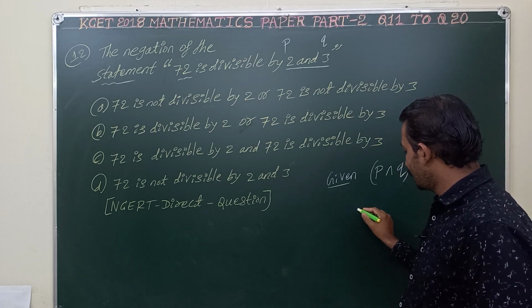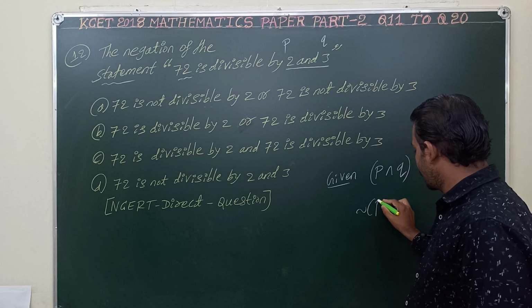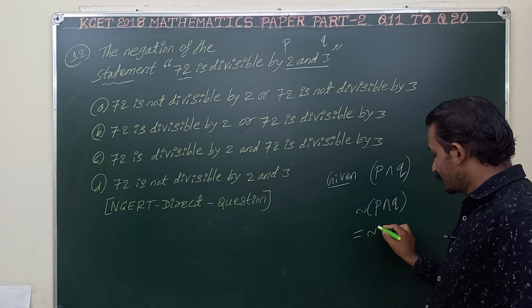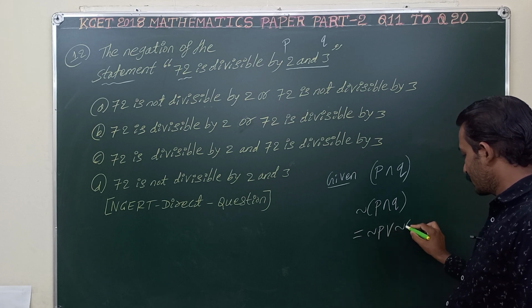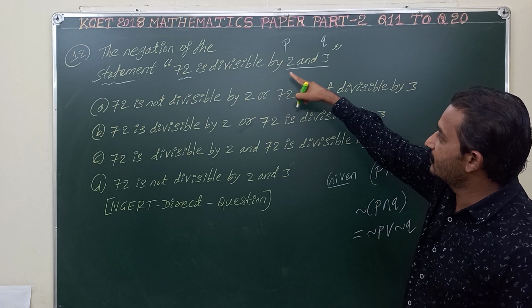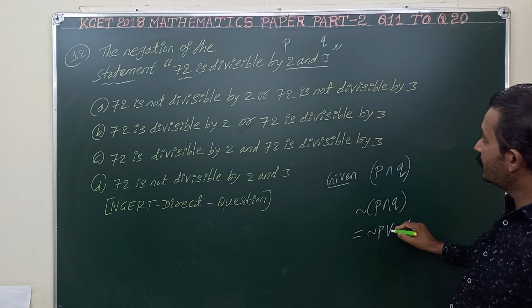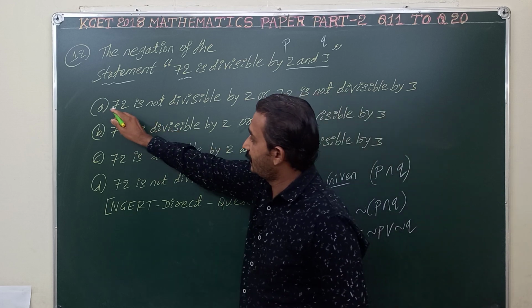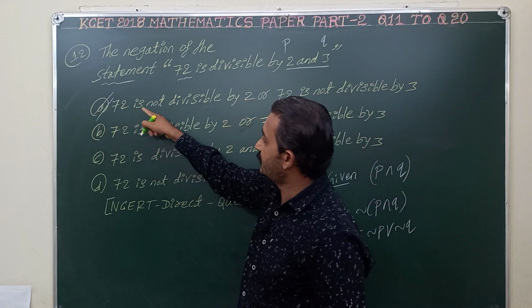So negation means what? Apply the negation symbol. Negation of P and Q. Using De Morgan's law, this can be written as negation P or negation Q. So negation P or negation Q means what? 72 is not divisible by 2 or 72 is not divisible by 3. So which option is correct? Option A is correct.